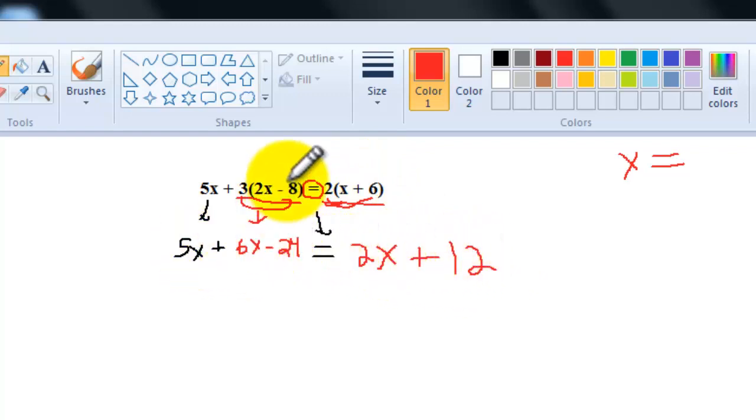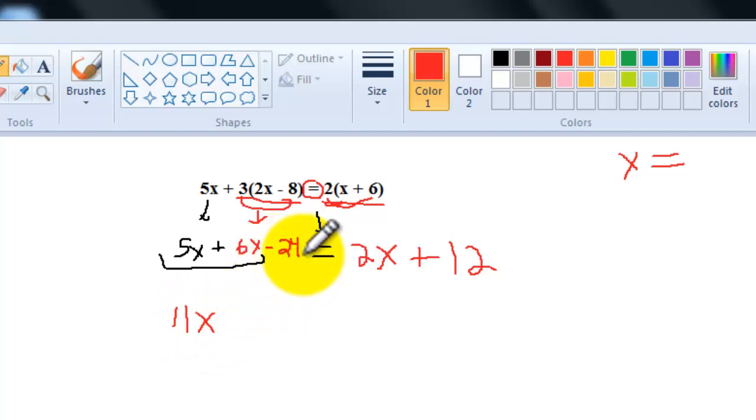So now we have gotten these parentheses out of our way, and we can start to combine like terms where we can combine them. These cannot be combined, but over here we have a 5x and a 6x, which can be combined, so we're going to combine those. So 5x plus 6x, remember you add the coefficients, so that'd be 11x.